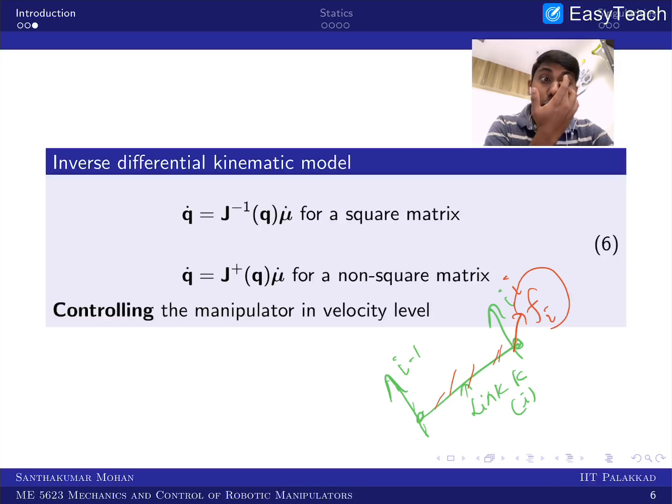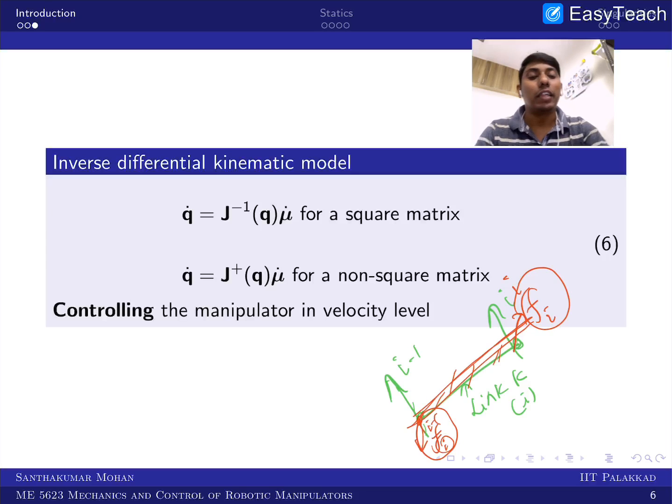If this force is acting and the link is supposed to be in equilibrium, then there would be an opposite force. So this is Fi with respect to i minus 1. So this particular point is supposed to have an opposite force, or if you transfer the force, it is supposed to be equal. That is what we are interested to see.